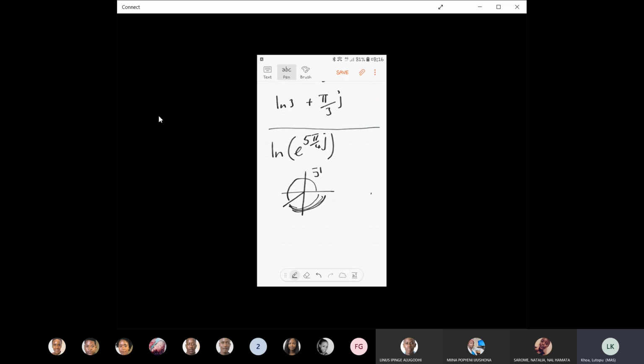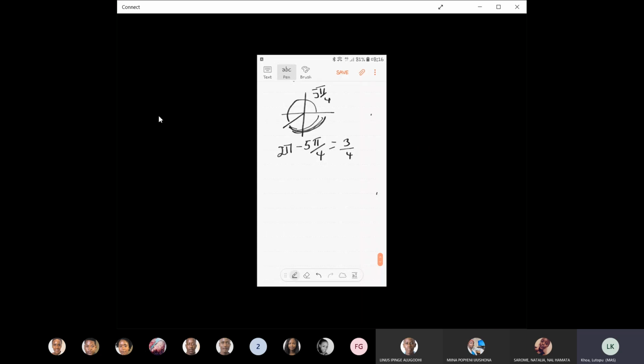Okay, so if I have 5 pi over 4 here, to work out this one, I just say 2 pi minus 5 pi over 4. This is 3 pi over 4. Okay, so this angle here would be 3 pi over 4.